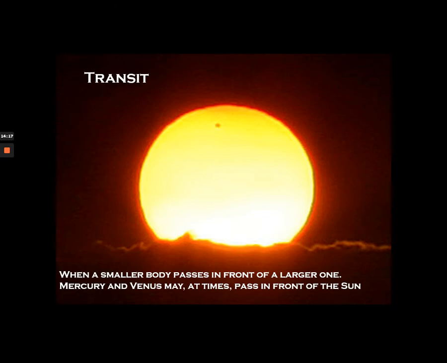So it doesn't block it out, that would be an eclipse, but it passes in front of it, so that would be a transit. And as you may know, when we're searching for exoplanets, that's planets outside of our solar system, it's very helpful when they transit their own star, so we can see the transit, so the light from their star dims slightly, and that's how we figure out that there's a planet there lots of the time.